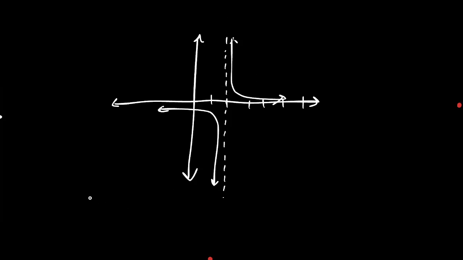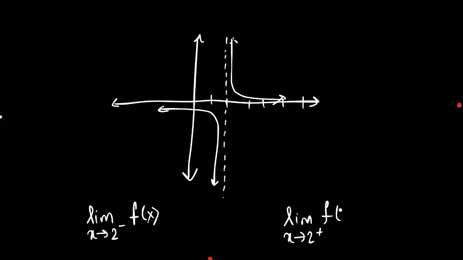So then let's say we wanted to find the limit as x approaches 2 from the left of our function f of x, versus the limit as x approaches 2 from the right for this same function f of x. How do we go about doing that? Well, when we're given the graph, it's pretty easy. As we approach this value of 2 from our left-hand side, we can see that this function is tending towards negative infinity.